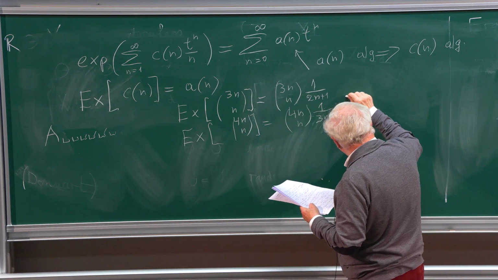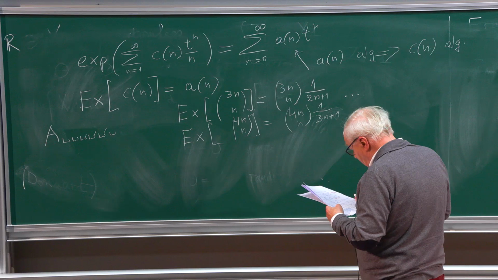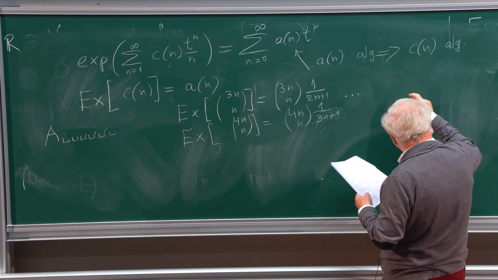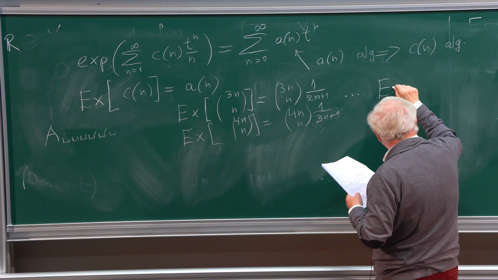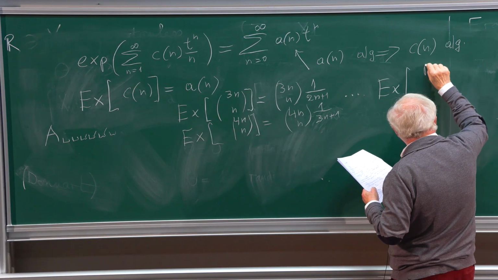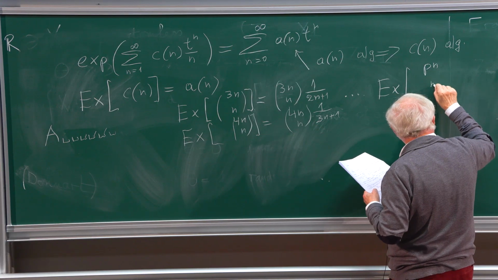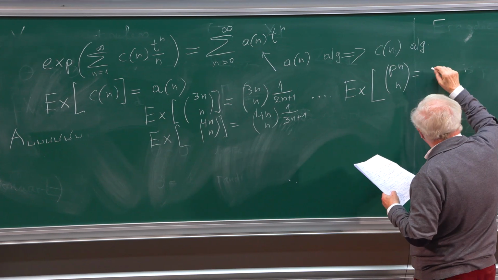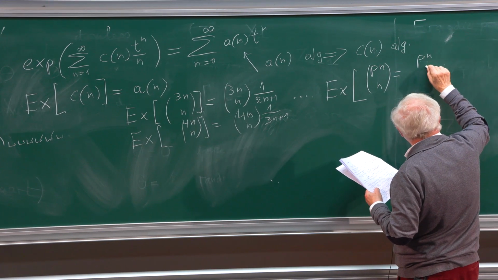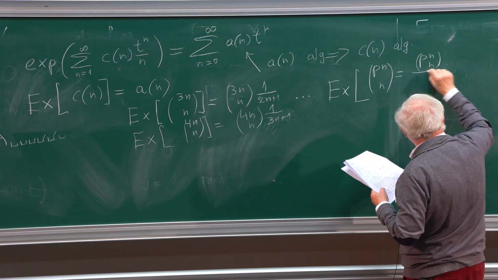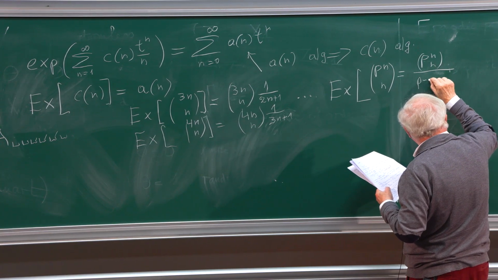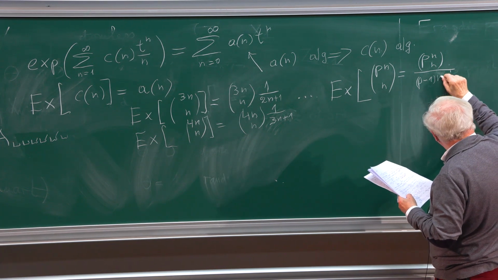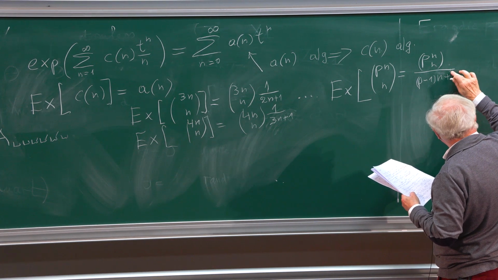In general, X of binomial pn over n gives binomial pn over n divided by (p minus 1)n plus 1.